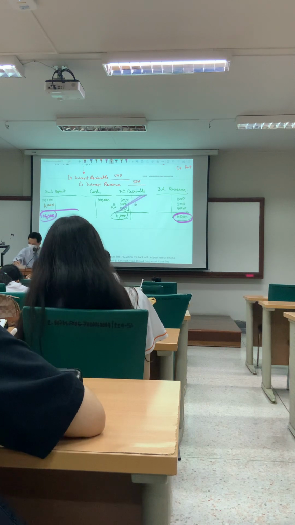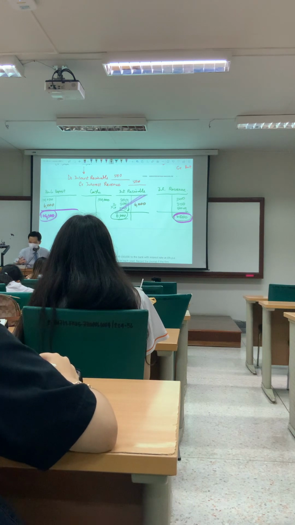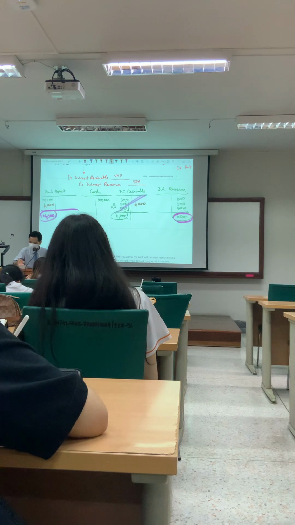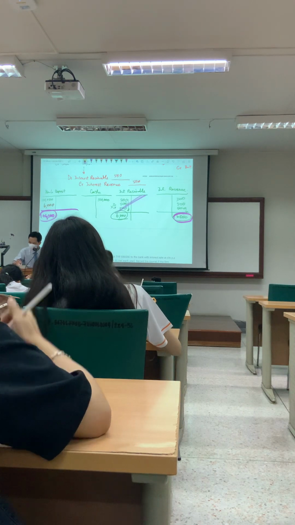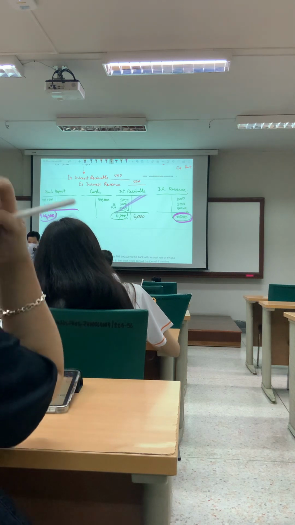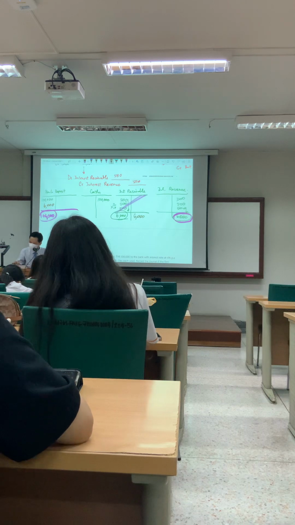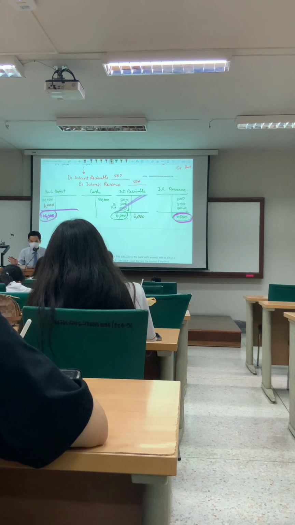You are going to put 6,000 on the credit in order to make the interest receivable 0, because debit 6,000, increase 6,000, decrease 6,000, that's fine. It's 0. And interest revenue is already done.